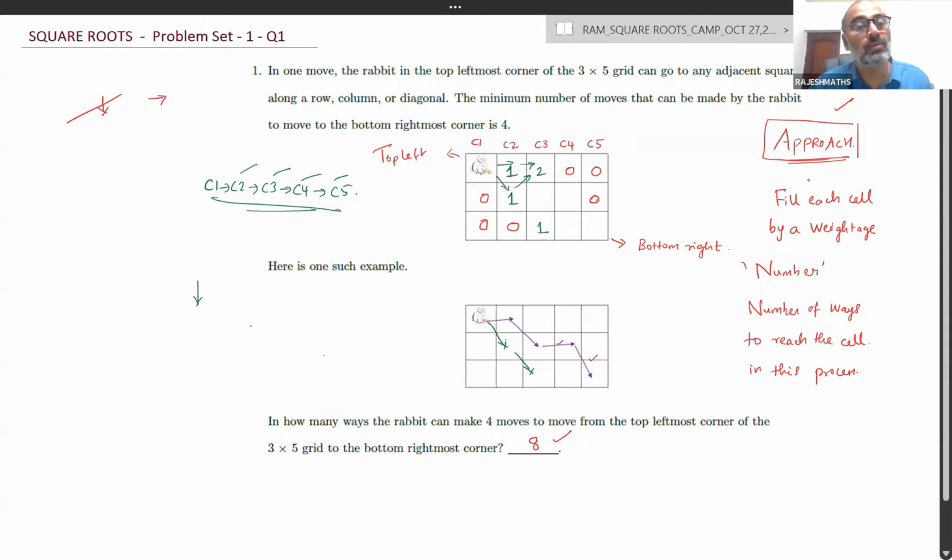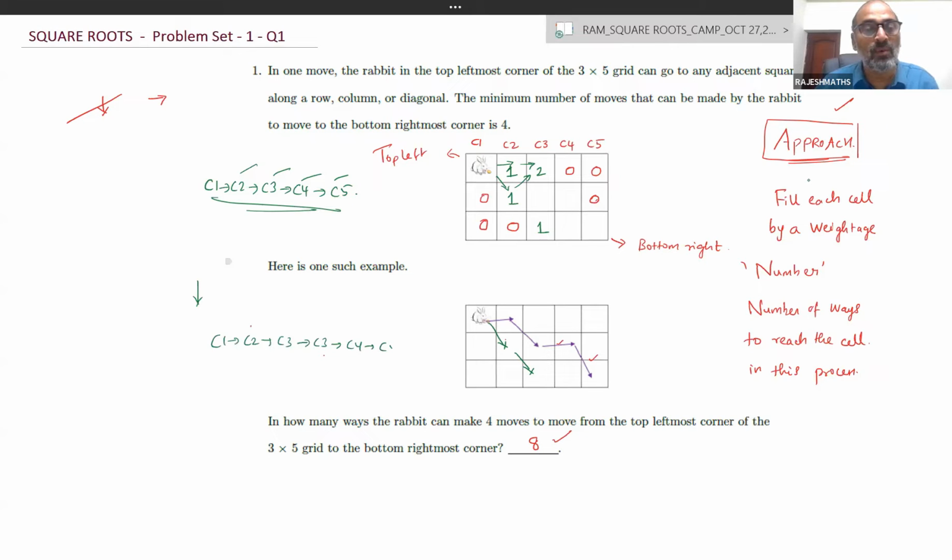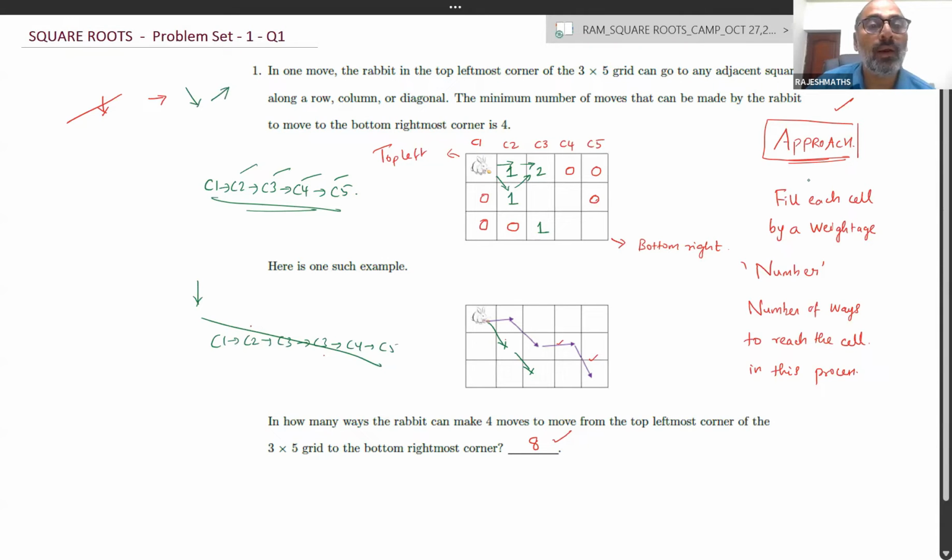That means you will make 5 moves. Suppose you are in column 3 and you come down: column 1 to 2, 2 to 3, 3 to 3, then column 4, column 5, so you make 5 moves. So no down move will be a waste. You need to move either right or this slant or this slant.